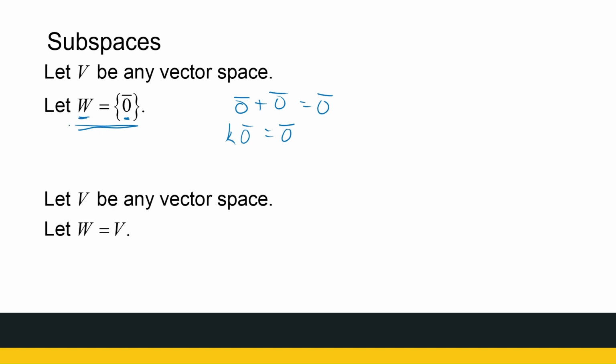So W, in this case, the set containing only the 0 vector, is a vector space, and it's a subspace of vector space V. Or if I choose W to be the whole of V, then it's a bit redundant because W is the whole of V. V is already a vector space. So I know W is a subset of V if it's the whole of V. Therefore, it's non-empty and it is closed. So W is then a subspace of V.